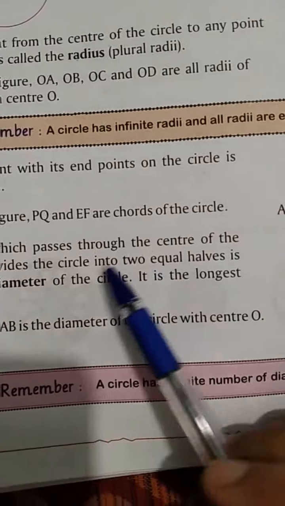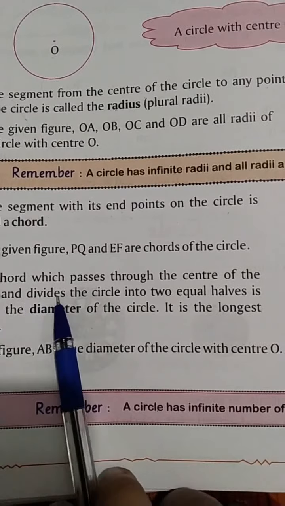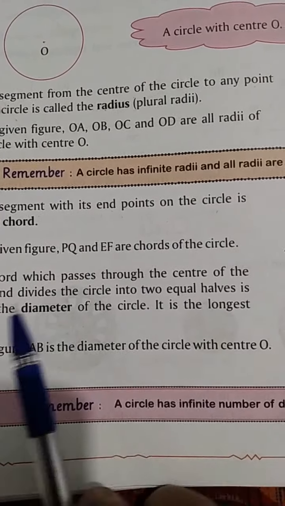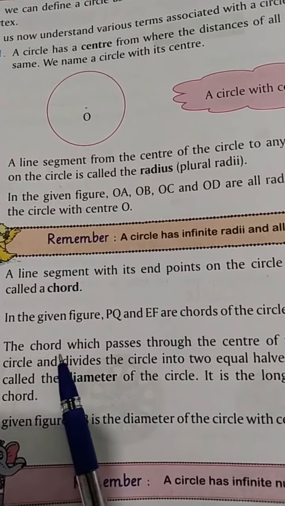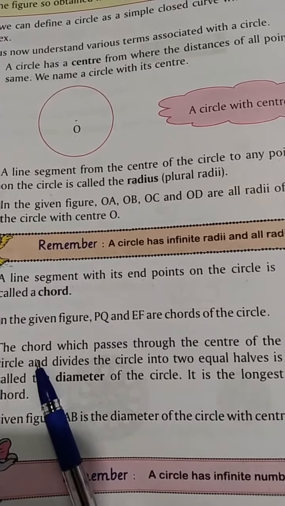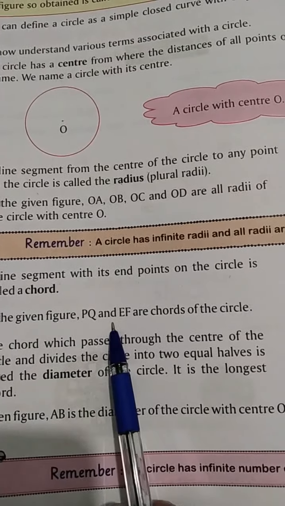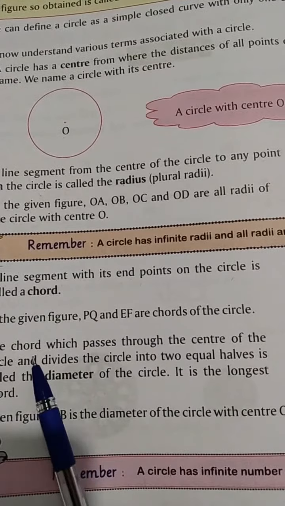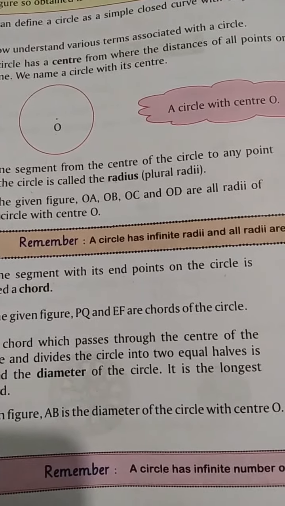The chord which passes through the center of the circle and divides the circle into two equal halves is called the diameter. Means diameter is also a chord. Why? Because it goes from the circle to the circle. But a chord is not a diameter because it does not go through the center point.